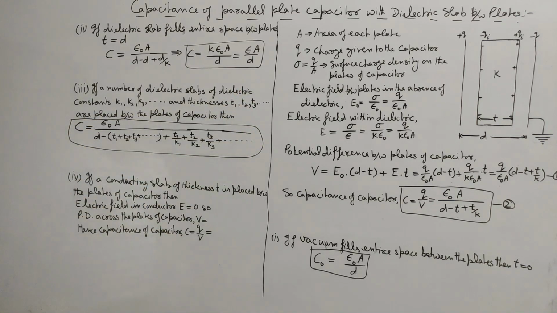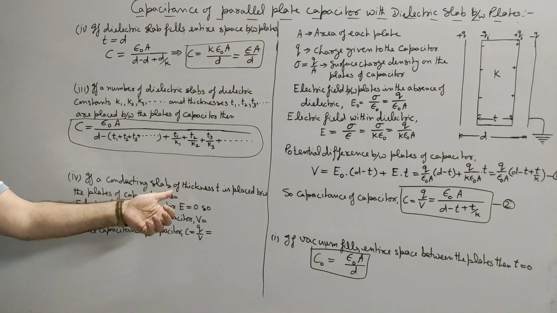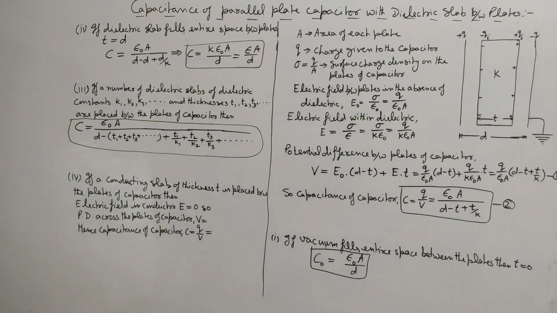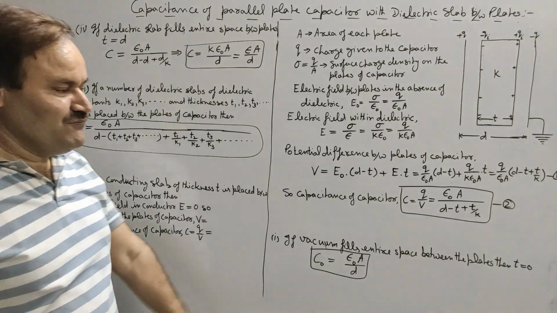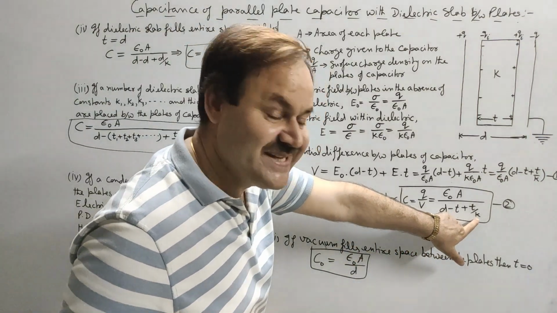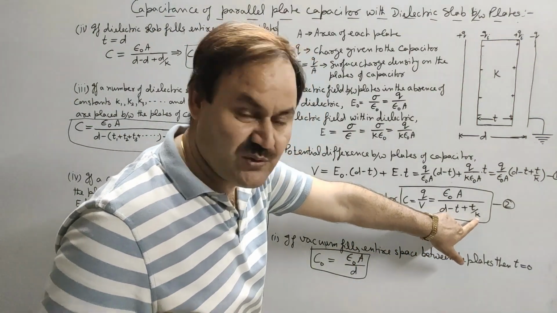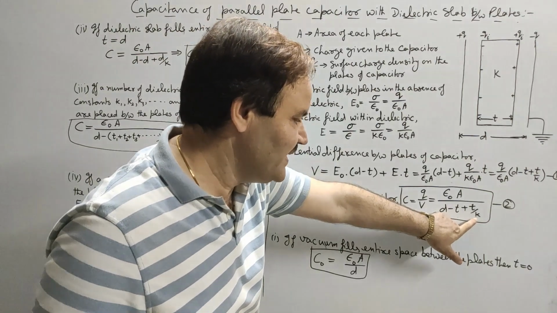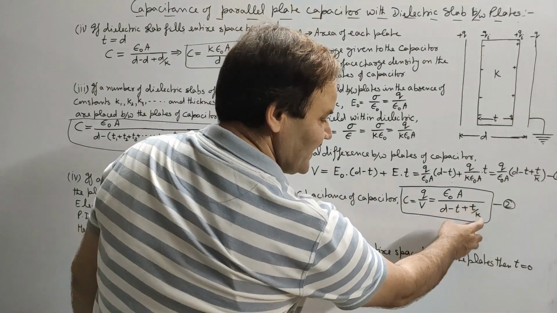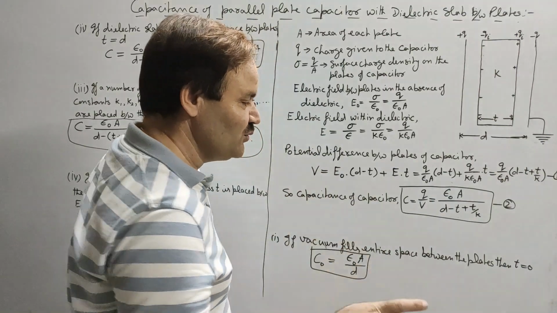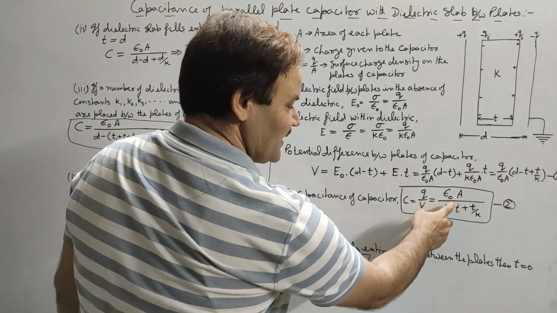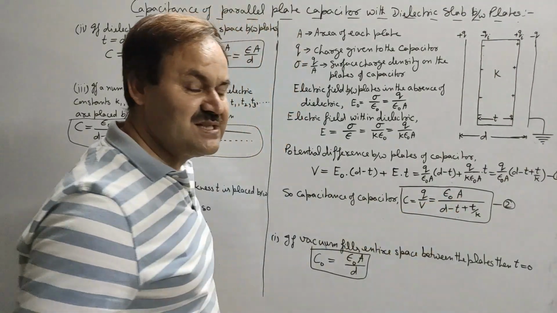Now if a conducting slab of thickness t is placed between the plates of the capacitor, then we can directly put K equal to infinity, because for conductors K will be infinite, and if K is infinite, then t upon K will become 0. We will get the expression epsilon naught A upon d minus t.